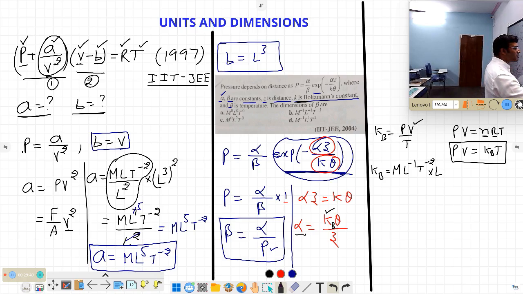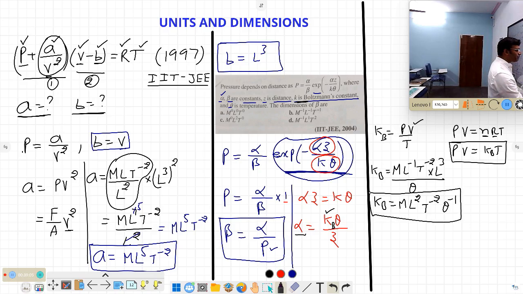Volume is L cube, by T. What is T here? Temperature, which I am writing as theta, because it is also one of the fundamental quantities according to the SI system. So the kB dimension formula I can write as M L square T minus 2 theta minus 1. This is the dimension formula for kB.